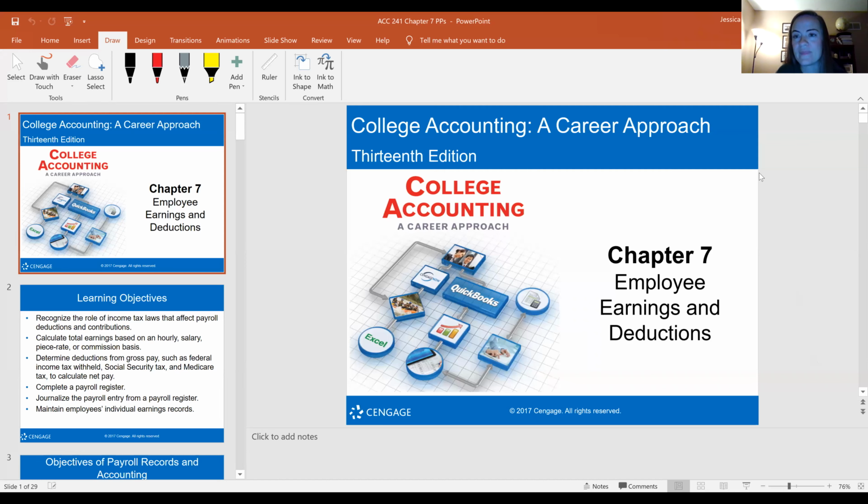And so in Chapter 7, we're talking about payroll and looking at the employee side. So calculating payroll for an employee, and calculating what taxes come out of the employee's paycheck, what deductions, taxes and deductions, calculating gross pay and net pay, and looking at those transactions.